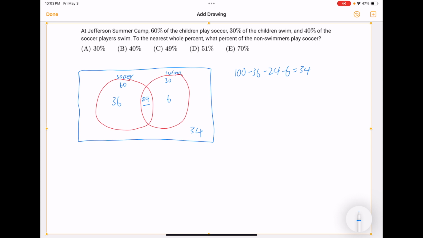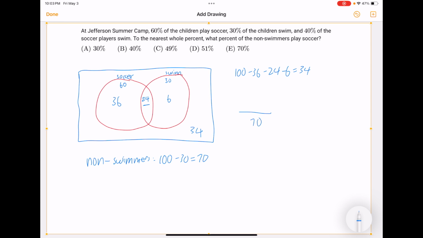Looking at the question, it asks what percent of the non-swimmers play soccer? So the denominator would be the non-swimmers, which is 70, because 30% of the children swim, so 70% of children don't swim.